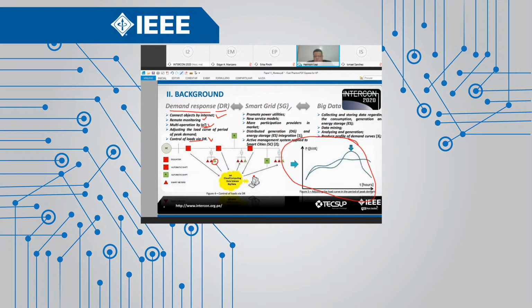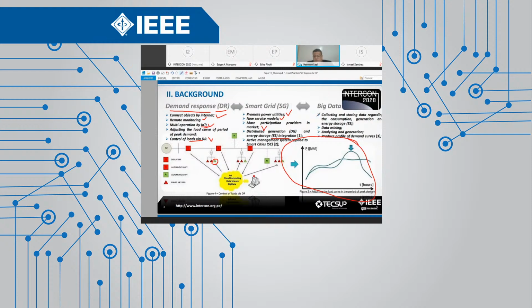And the smart grid promotes power utilities, new service models, more participation of providers in the market, distributed generation, and energy storage integration. That's right. And an active management system applied to smart cities.